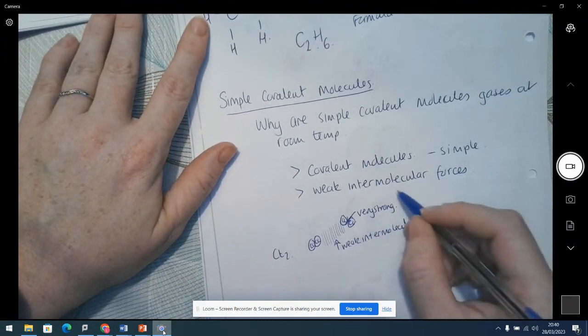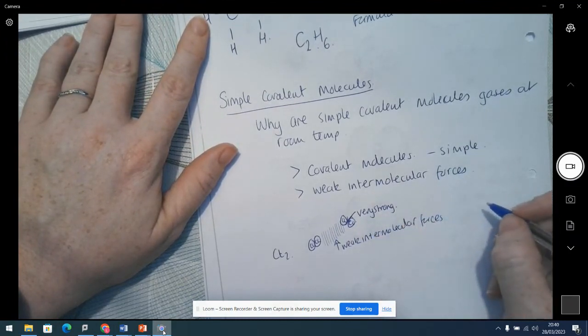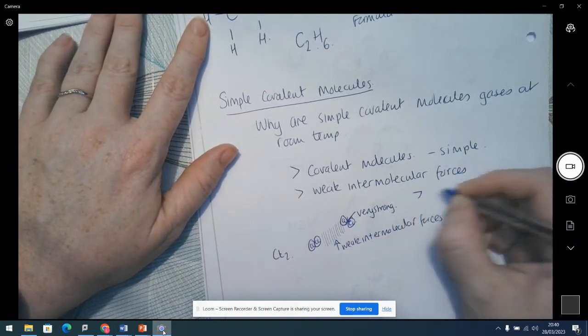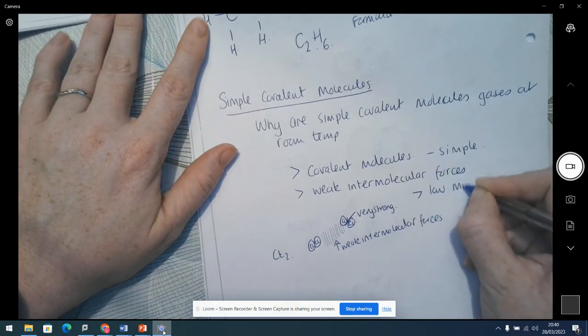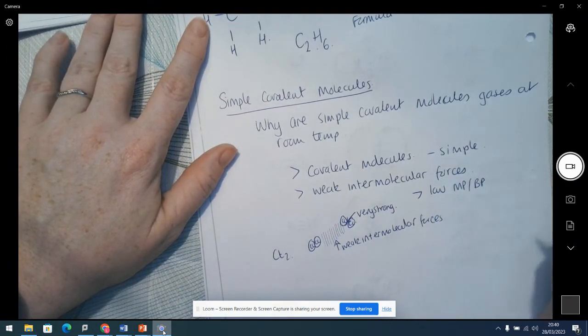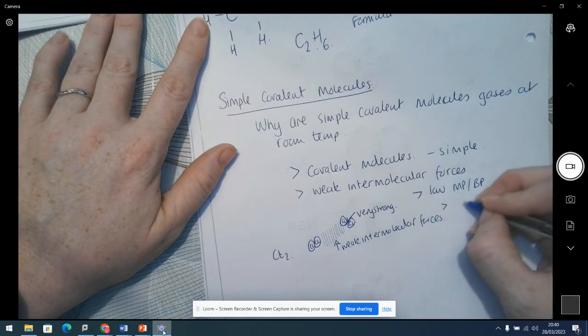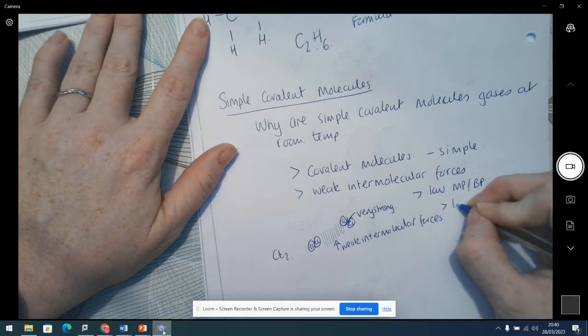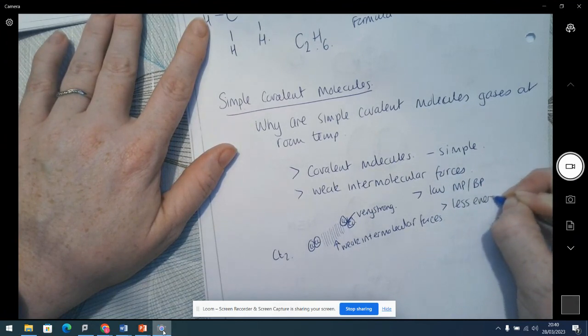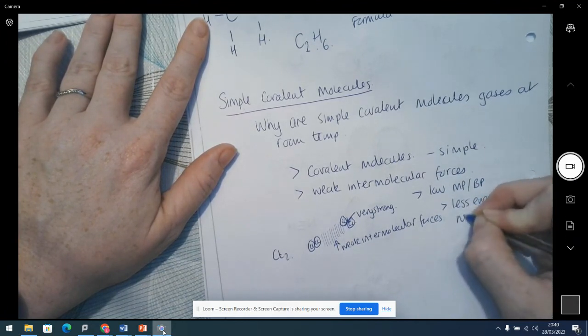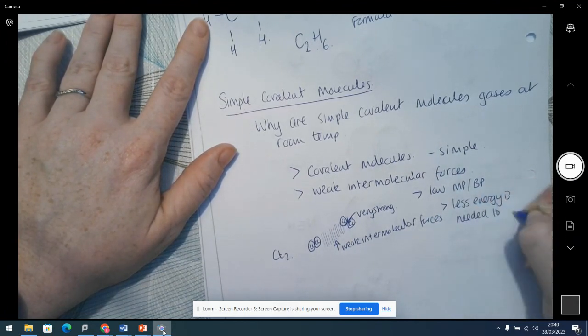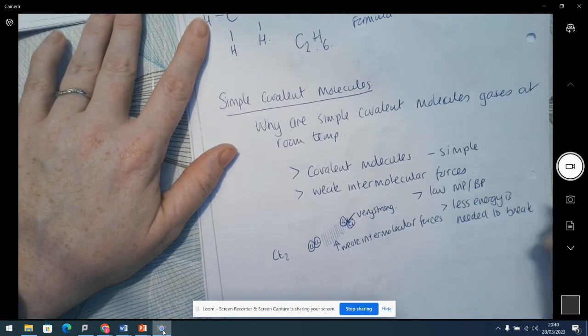So covalent molecules are simple in terms of their structure. They have weak intermolecular forces, so therefore have low melting or boiling points. So you need less energy to overcome these forces. So less energy is needed to break the intermolecular forces.